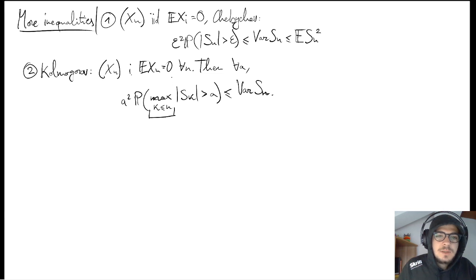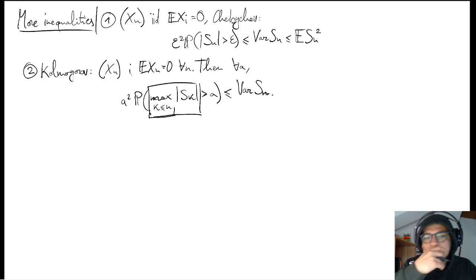And what is this thing here? What is this? Maximum of the sum, but what kind of maximum of sum?